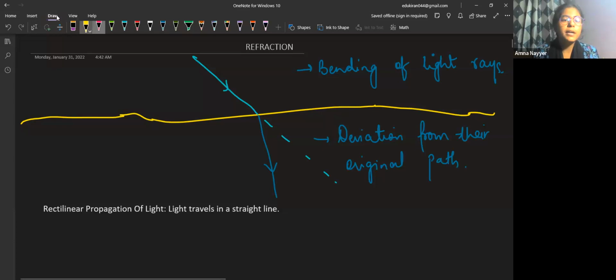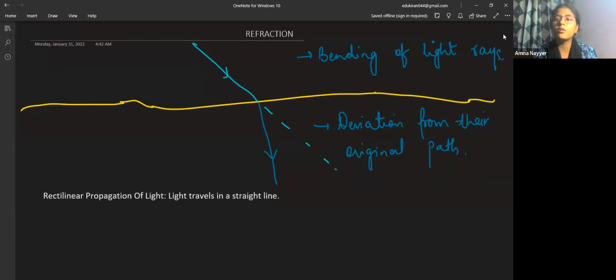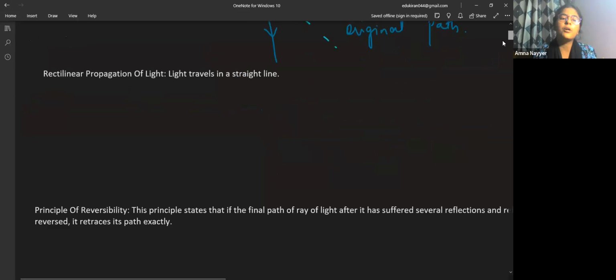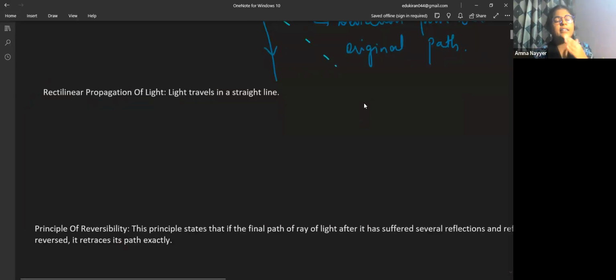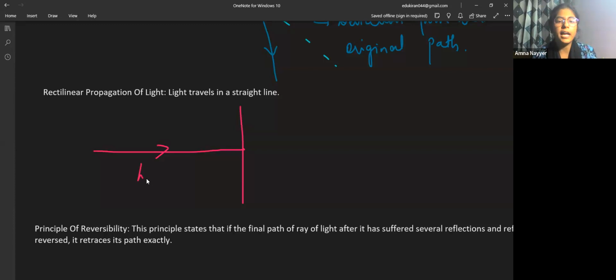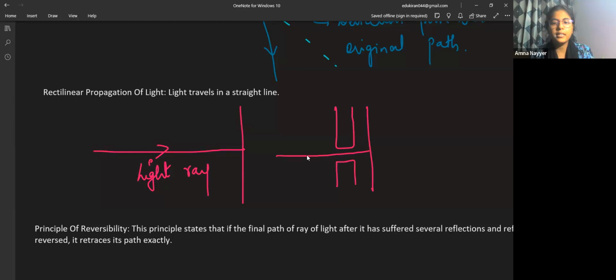And what is meant by this? Rectilinear propagation of light. Rectilinear propagation of light basically means that light travels in a straight line. When you have taken a blockage, light will travel in a straight line. This is the property of a light ray. Whenever we are talking about a light ray, this is its property. It will travel in a straight line. If you have the path like this, light will go straight.